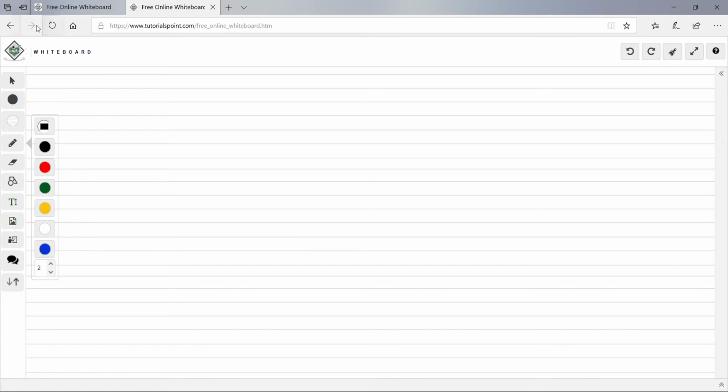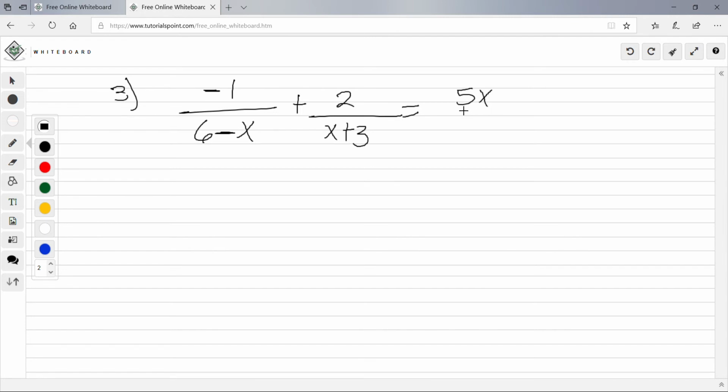Let's do number 3. We have negative 1. So first step for this problem is find the common denominator.